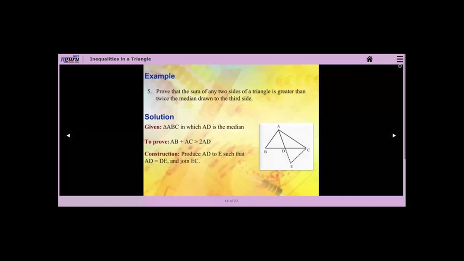Produce AD to E such that AD is equal to DE and join EC. In triangles ADB and EDC, by construction, AD is equal to DE. What other things are equal?